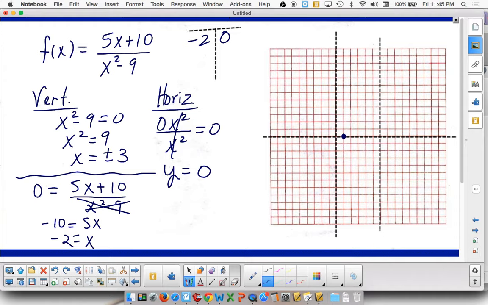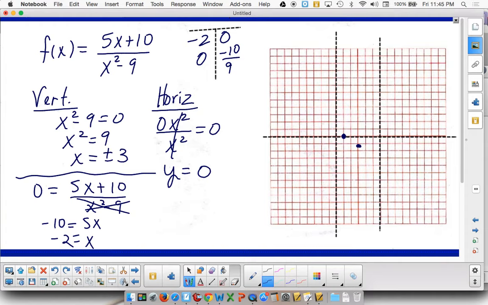All right, my y-intercept is where the x-coordinate is 0, and if I sub in there, that's going to give me negative 10 over 9. Typically, they're not going to be great numbers, so that's negative 1 and another ninth, so it's just a smidge below here. Do you think it's going to be a parabola or a scrabola?